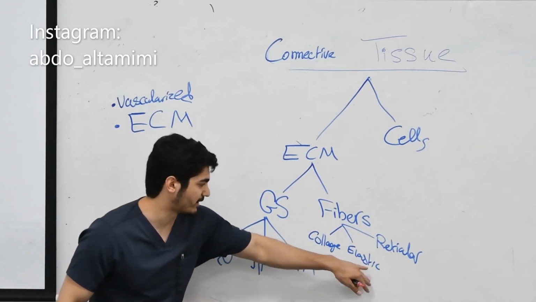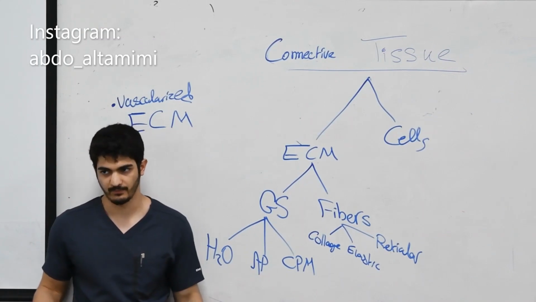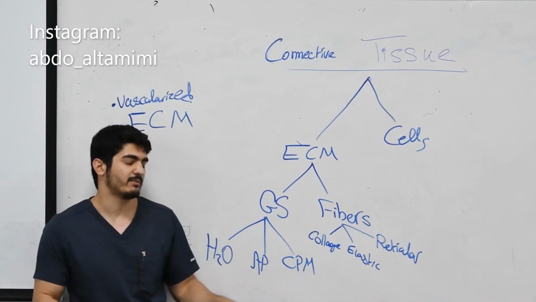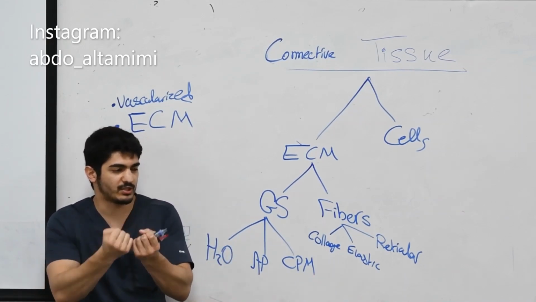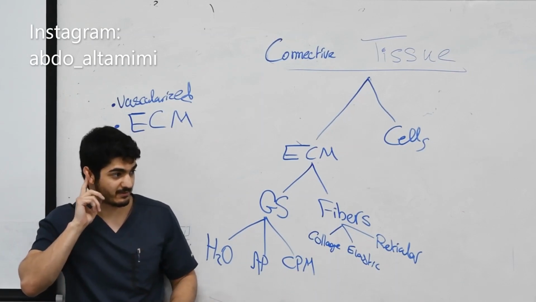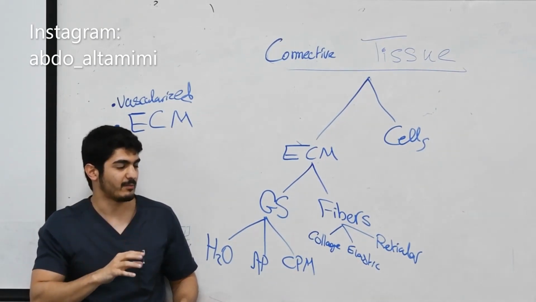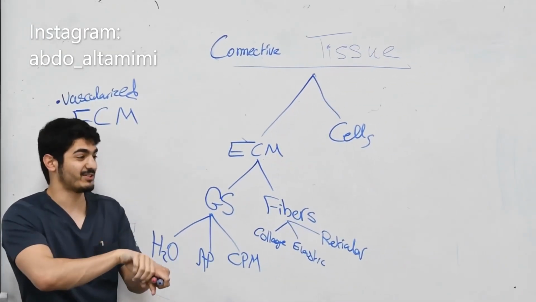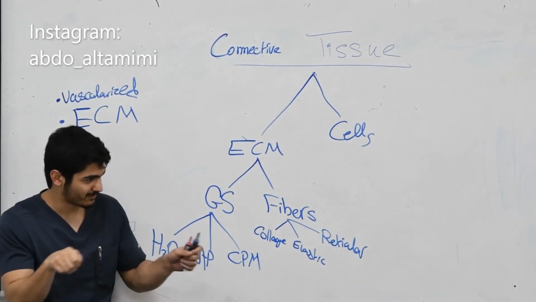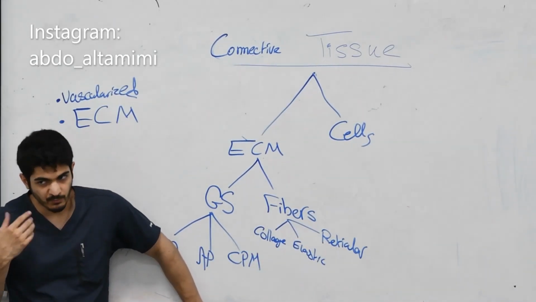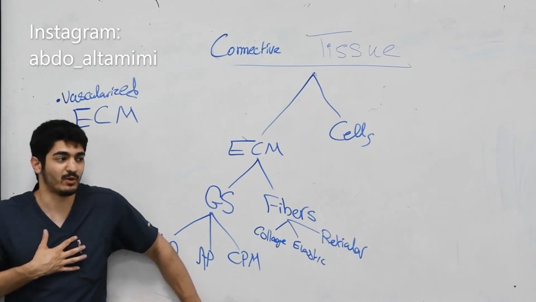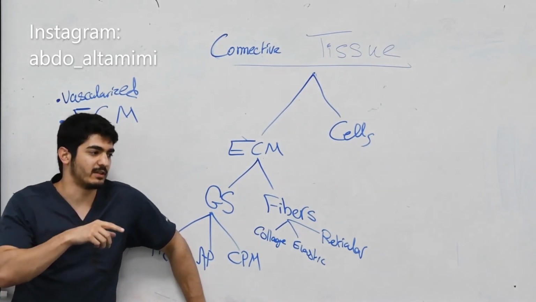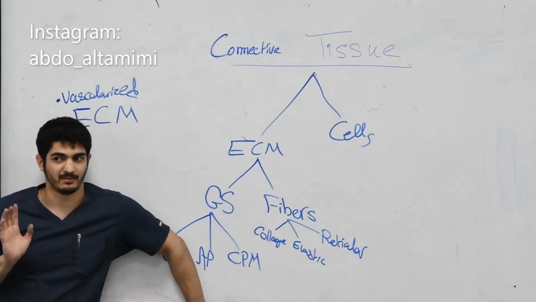Remember collagen, elastic, reticular. Collagen fibers are strong fibers. Okay? Very tensile, like bones. Elastic means something can change its shape but will come back to its regular shape, like ears. Reticular, read more about it. But if it was me and I was stuck and did not know what to do, about to enter an exam in two minutes, I would remember that it has a function in the internal framework, and I would remember spleen.